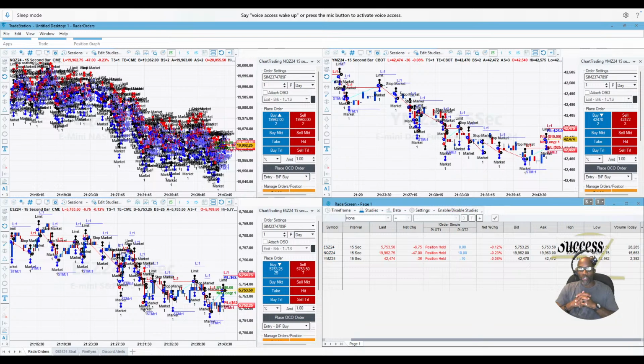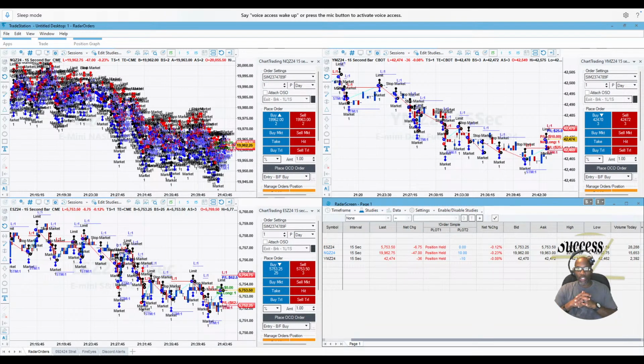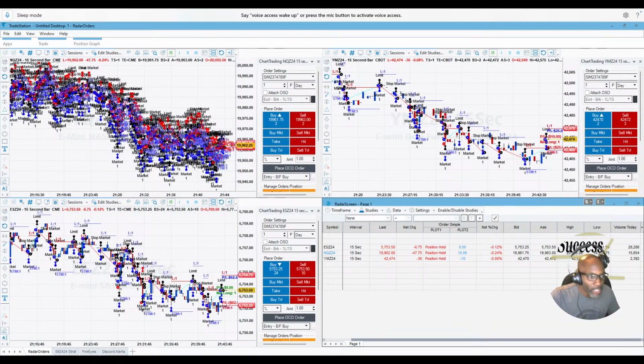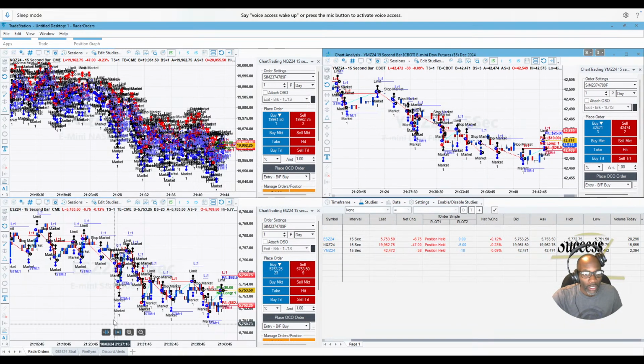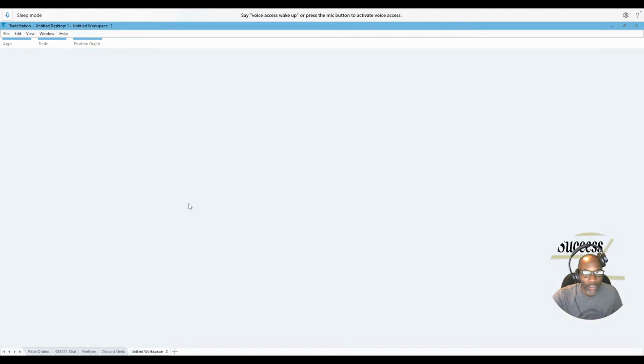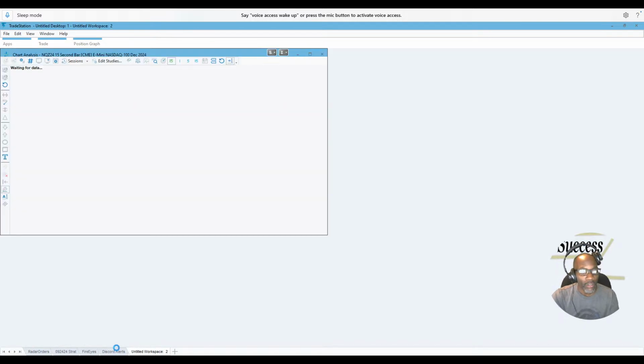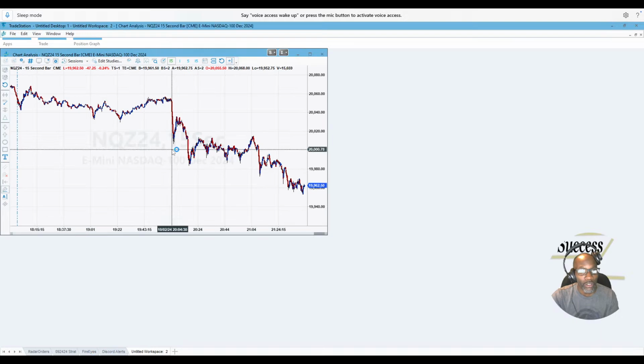I haven't looked at the chart today to try to code anything. I did take my tablet with me to look at the chart.